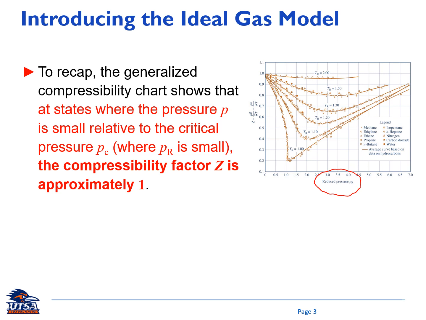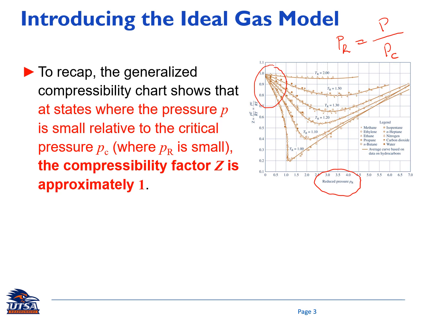Just to remind you, PR equals P over PC, where P is the corresponding pressure and PC is the critical pressure. See the condition where pressure is small, so PR is also small, so it is somewhere here.